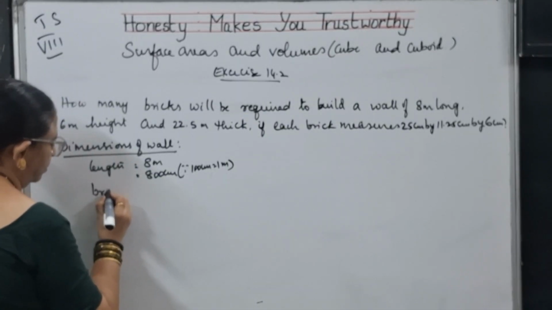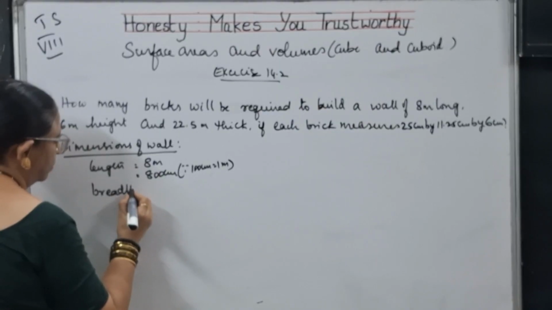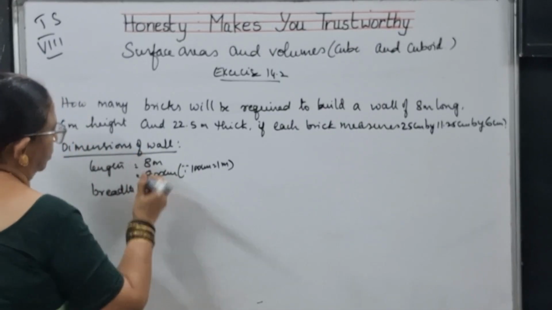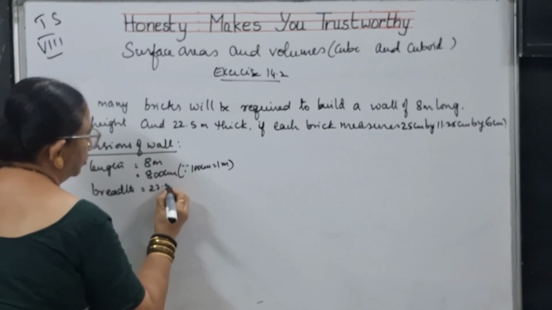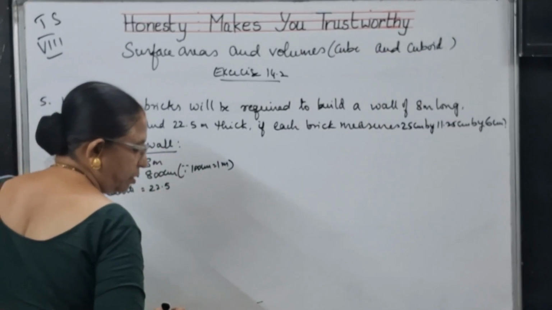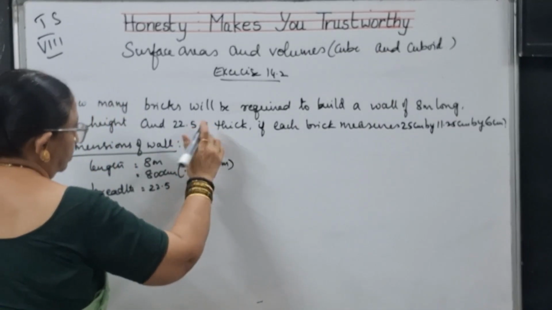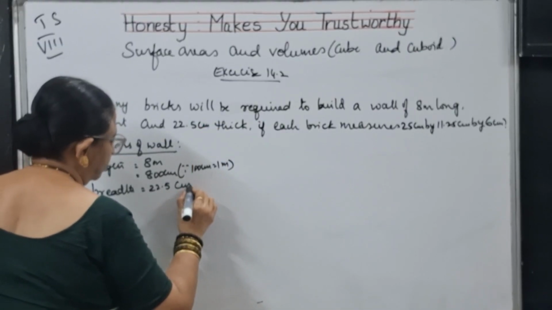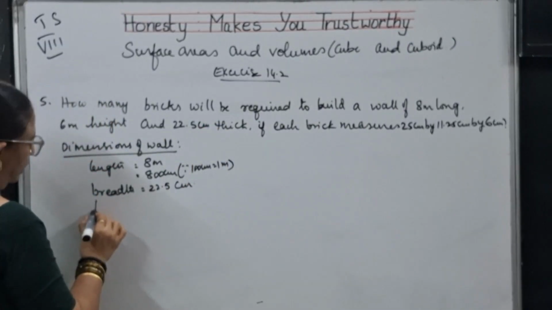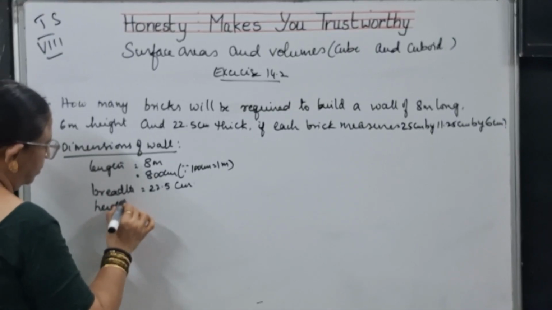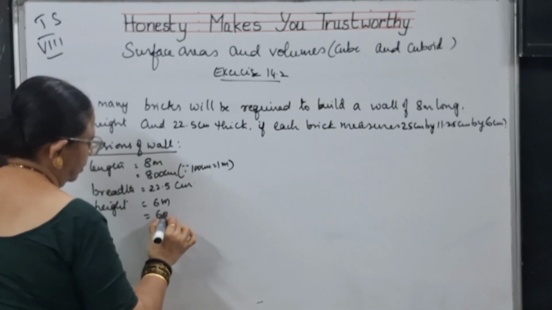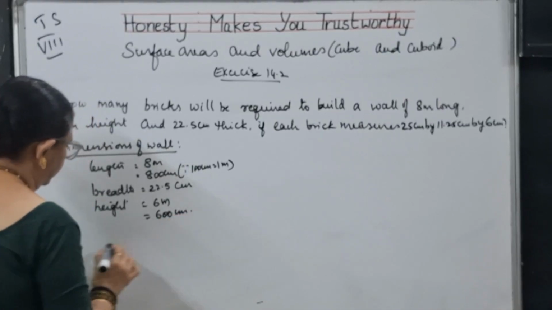Then breadth. Breadth is equal to 22.5. This is in centimeters only, children. They said centimeters, so it is in centimeters only. And height, 6 meters, that is 600 centimeters.